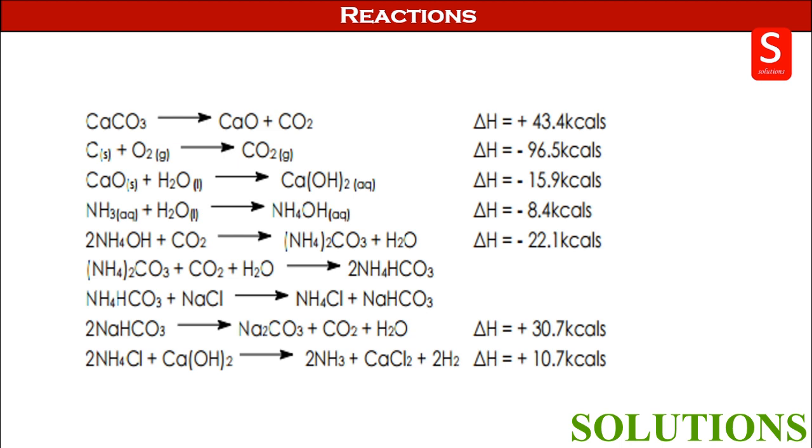Next, coke is reacted with oxygen to form carbon dioxide. The energy change is minus 96.5 kilocalories. Then calcium oxide is reacted with water and forms calcium hydroxide, otherwise called slaked lime. The energy change is minus 15.9 kilocalories.